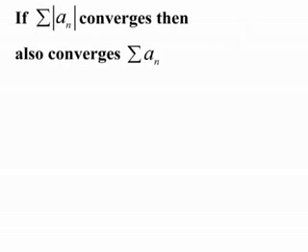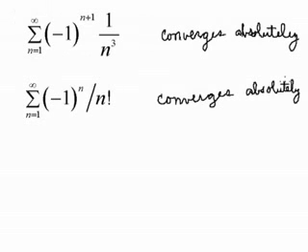A very important result is that if a series converges absolutely, if the series of absolute values converges, then so does the series a_n without the absolute value signs. Now let's take a look at some other examples.